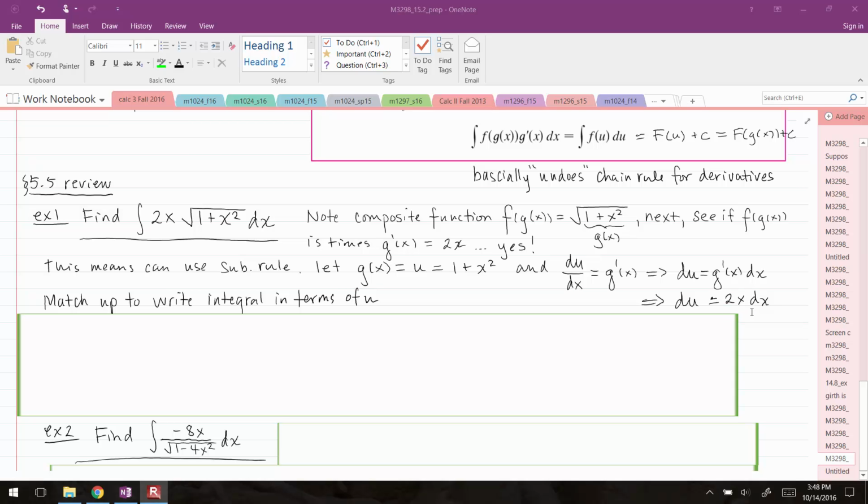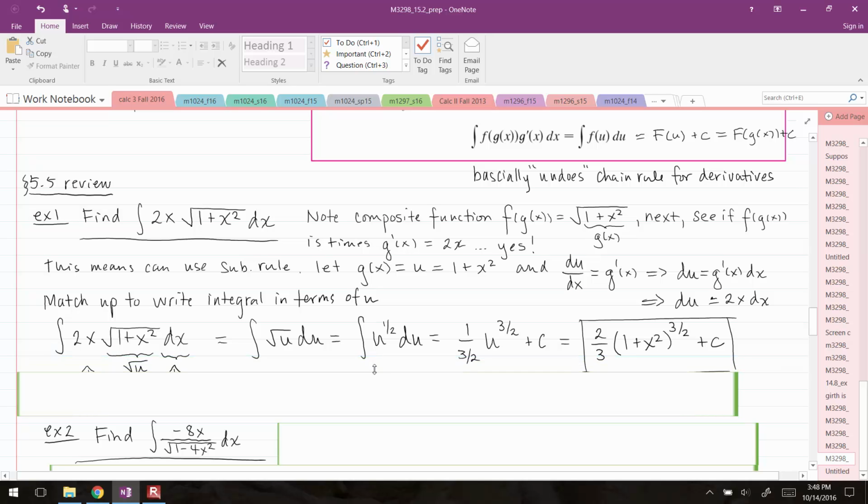So if I can do that substitution, that's perfect, and that's exactly what I have. I can rearrange the multiplication and have 2x dx, and then I will have the square root of u. So here's just doing the work ahead of time to say, okay, do I have all my things accounted for?